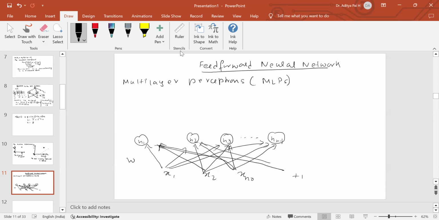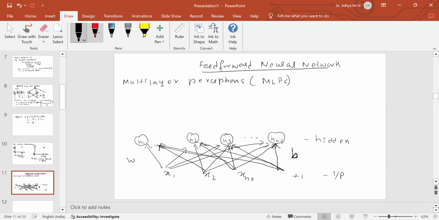The bias is also applied here. So this is nothing but your bias b. This is my first input layer, and this is my hidden layer.